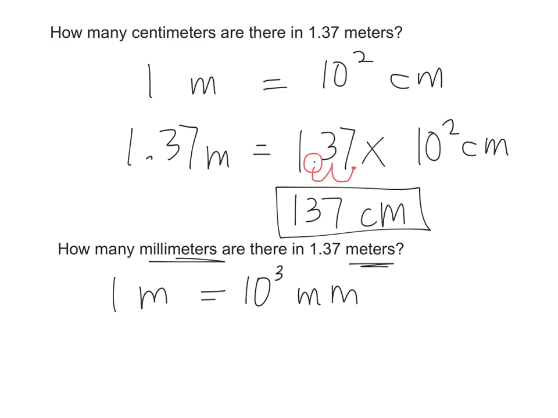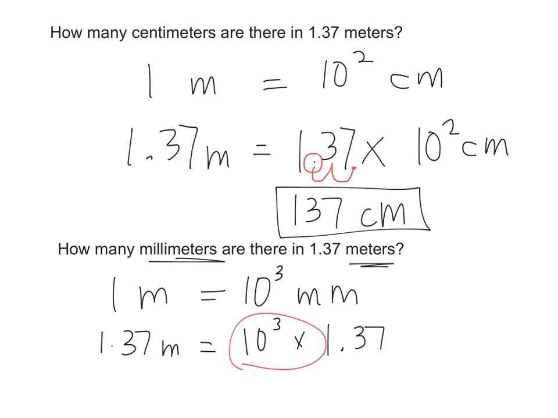Okay, so if I have 1.37 meters, what do I have to multiply to find out how many millimeters there are? What do I need to do? Aditya? 10 to the power of 3 times. Yeah, 10 to the power of 3 times 1.37. And when I'm multiplying by 10 to the power of 3, how does that affect the decimal point?